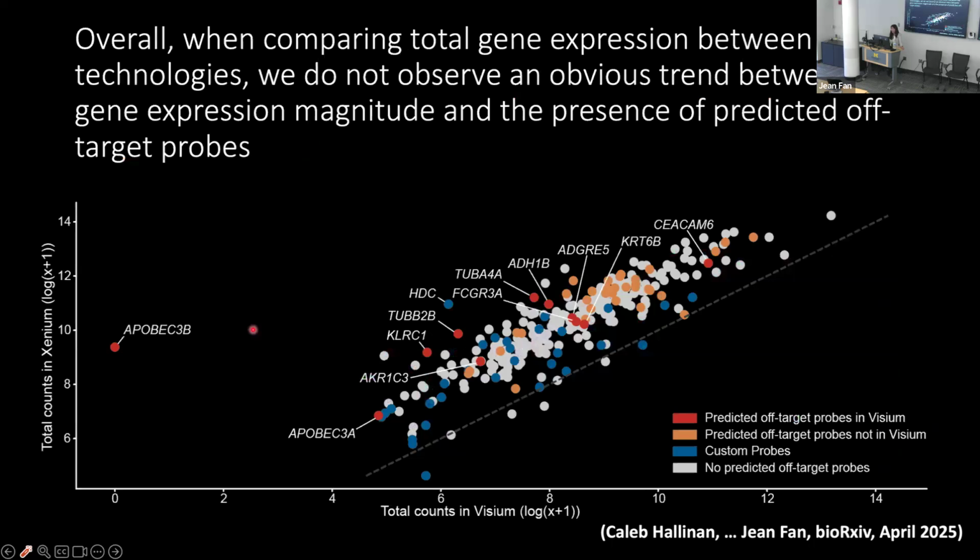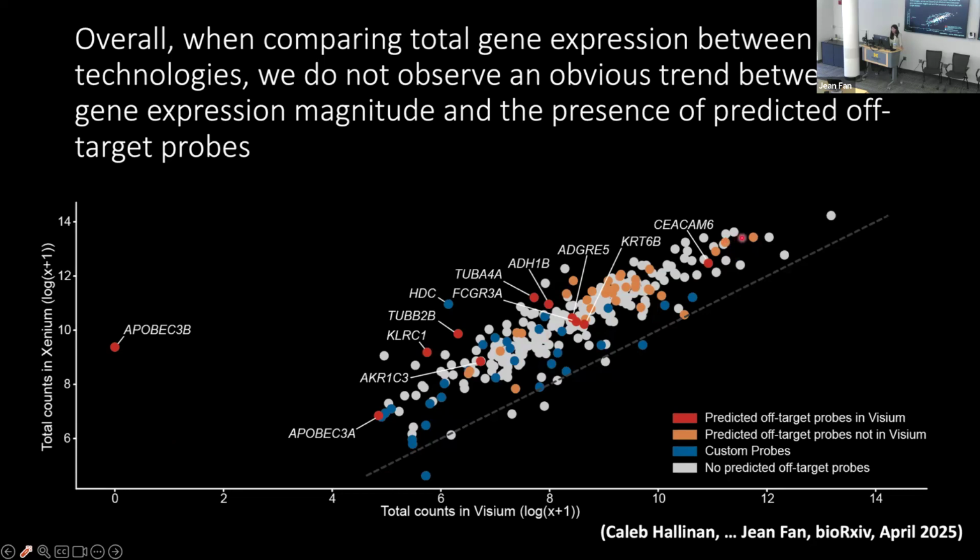So of course, now that we have a tool, we can apply this to all the different genes in this particular gene panel and compare them with, in this case, the total count expression in Visium versus Xenium. For the most part, we were trying to understand how this could have been missed before. It is worth noting that on a total gene expression level, when we consider only the overlapping regions between these two tissue sections, we do observe a very nice correlation.